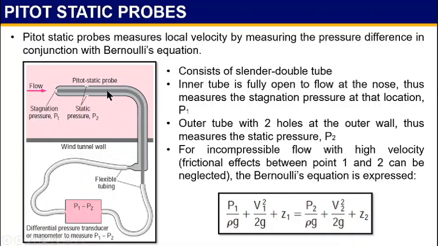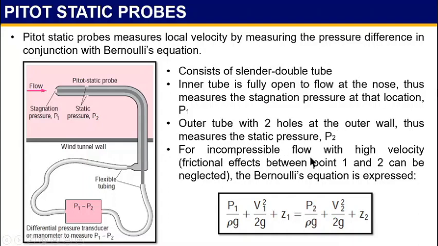We have two tubes here. The inner tube is fully open to flow at the nose, thus measuring the stagnation pressure at that location, denoted with P1. The outer tube has holes at the outer wall, thus measuring the static pressure, denoted with P2.